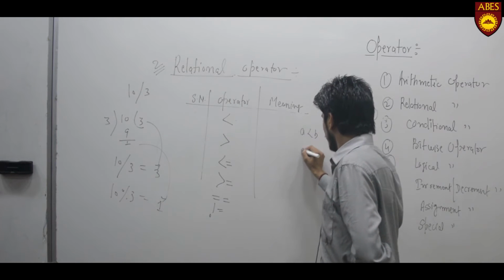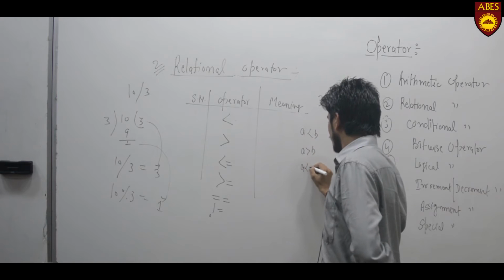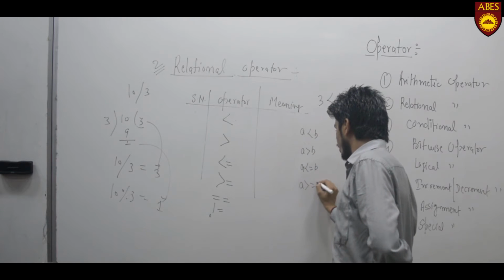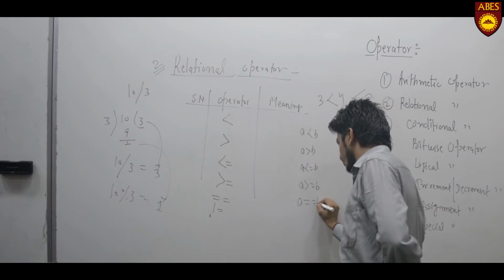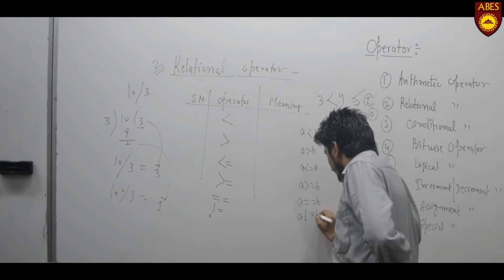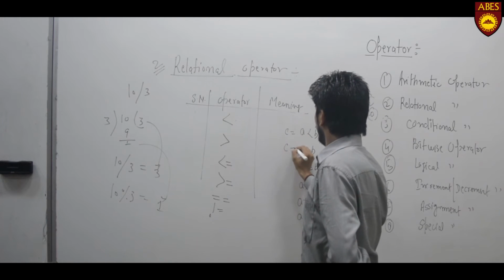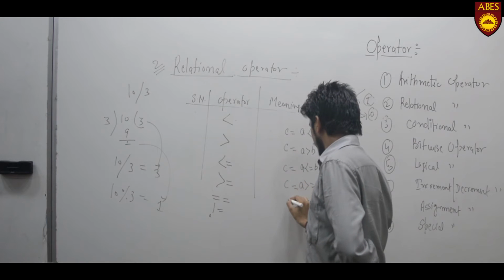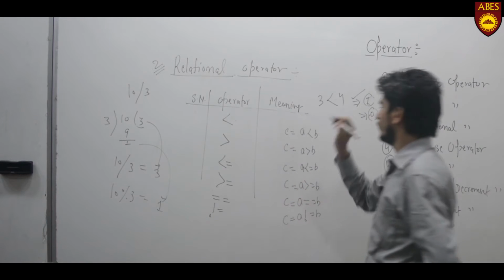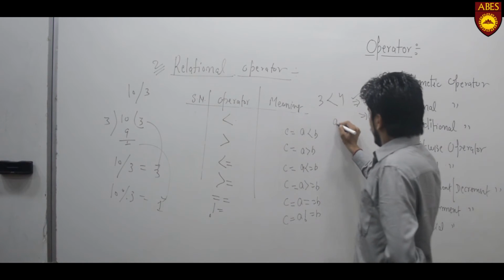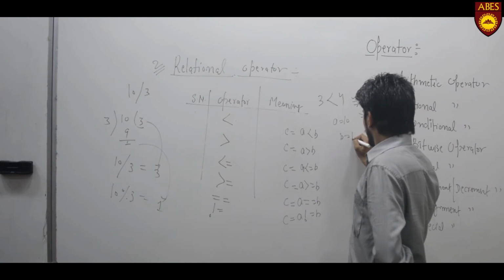A less than B, A greater than B, A less than equal to B, A greater than equal to B, A equal to B, A not equal to B, each assigned to C. A equal to 10, B equal to 12.